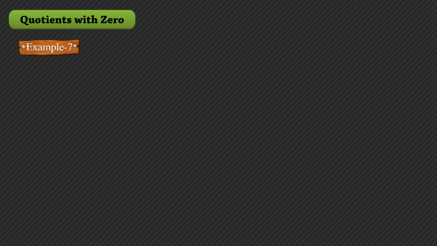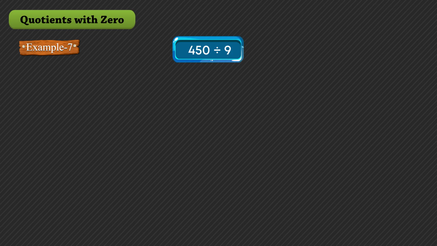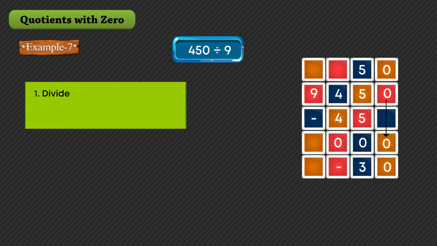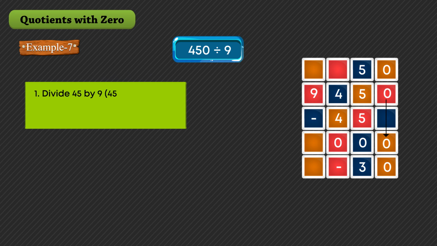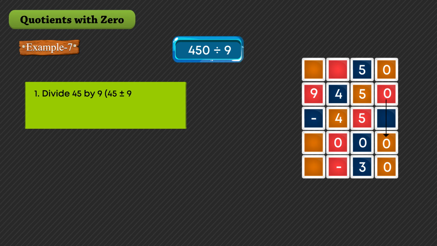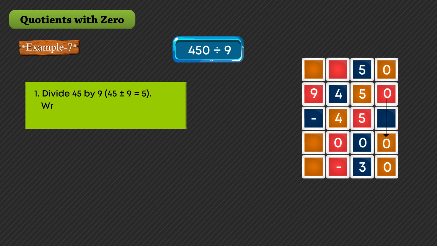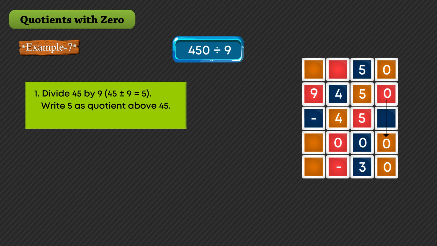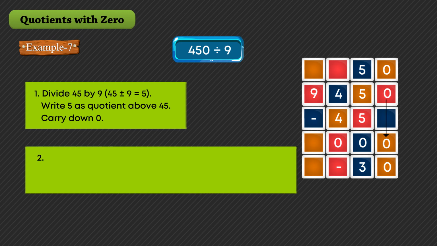Example 7. 450 divided by 9. 1. Divide 45 by 9. 45 divided by 9 is equal to 5. Write 5 as quotient above 45. Carry down 0. 2.